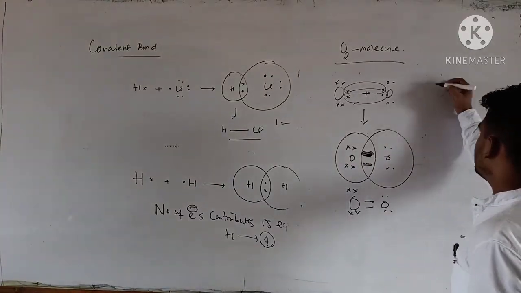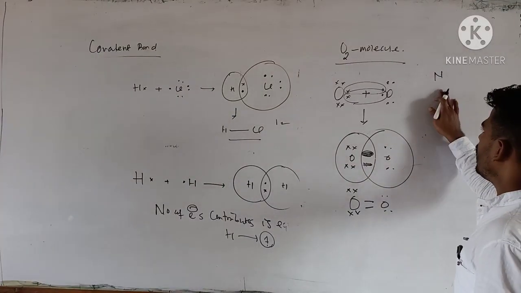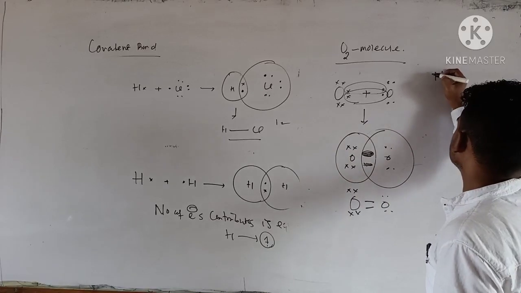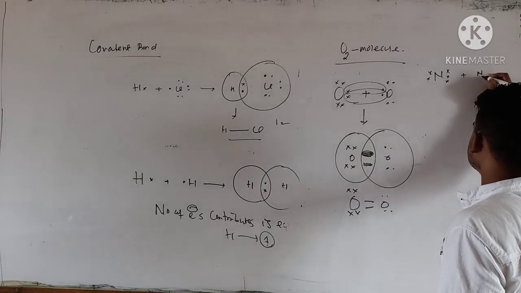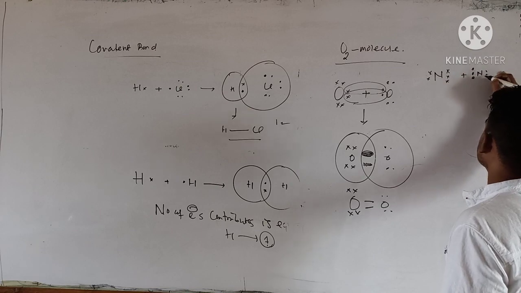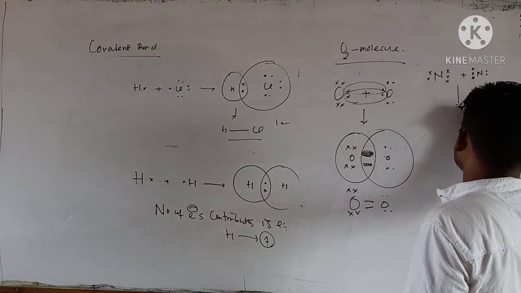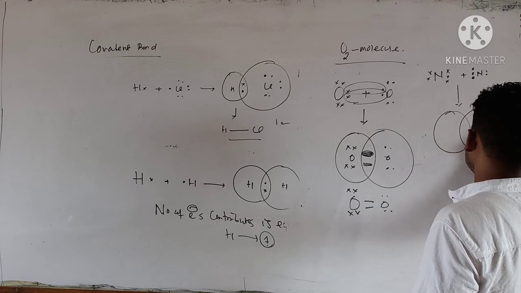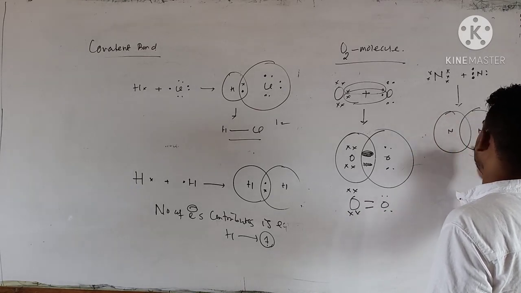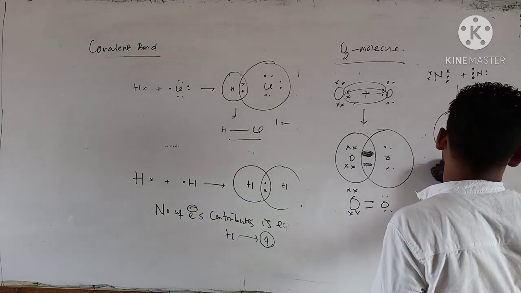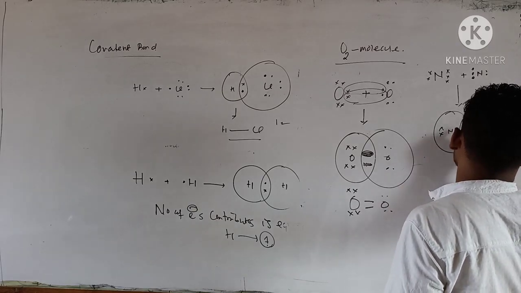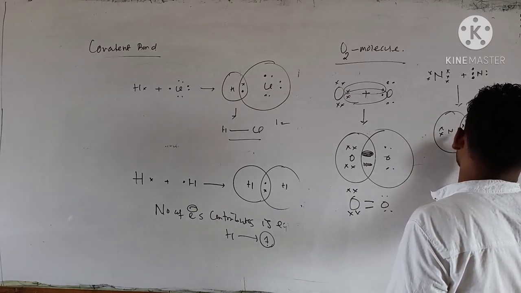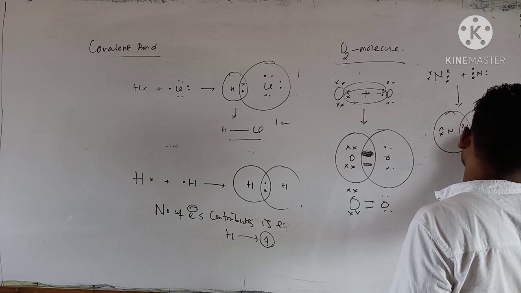Next, if I consider nitrogen, you see how many electrons? That is 5 electrons. This is one nitrogen atom, another nitrogen atom. So here 3 bonds are formed like this, dot dot dot, and here.